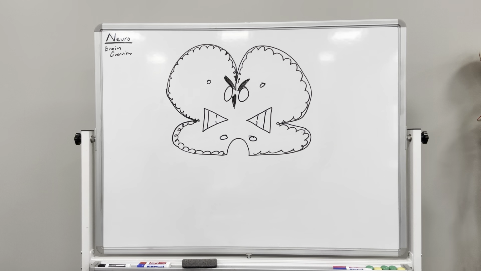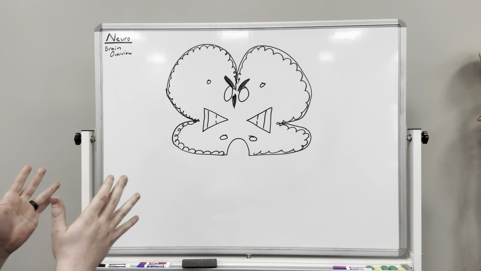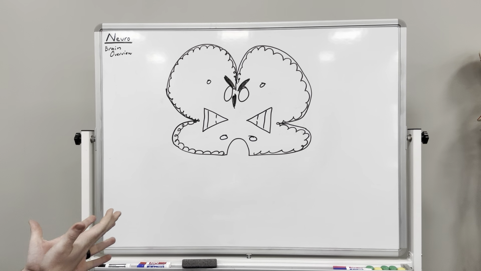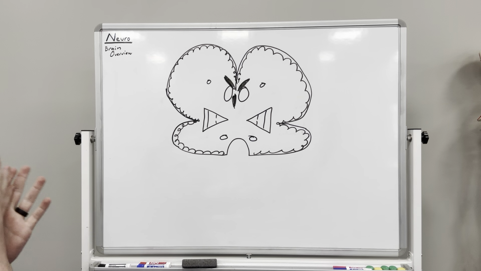And that's odd because we've only talked about one other ventricle before this. Why are we talking about a third? Well, that's because we have two lateral ventricles, one on each hemisphere, and then it drains into the third.